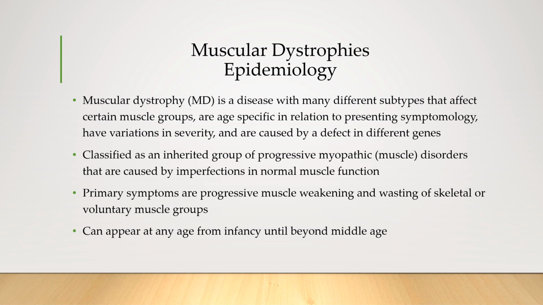They are classified as an inherited group of progressive myopathic, meaning muscle, disorders that are caused by imperfections in normal muscle function. Primary symptoms are progressive muscle weakening and wasting of skeletal or voluntary muscle groups. They can appear at any age from infancy until beyond middle age.